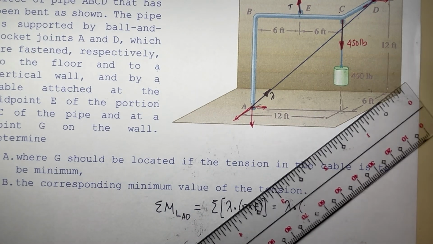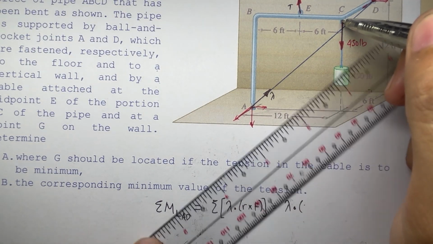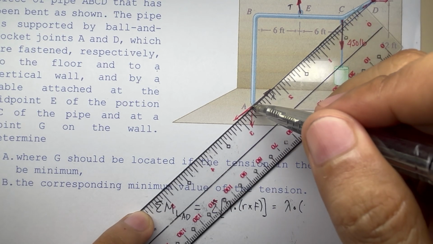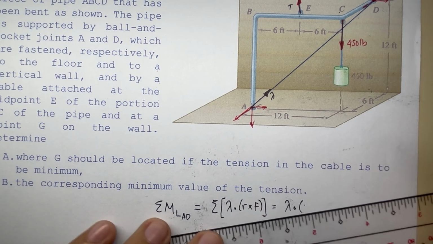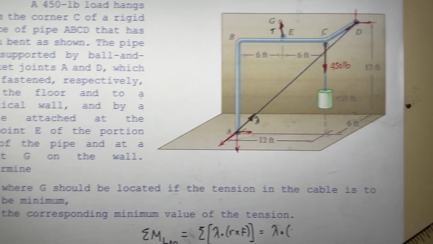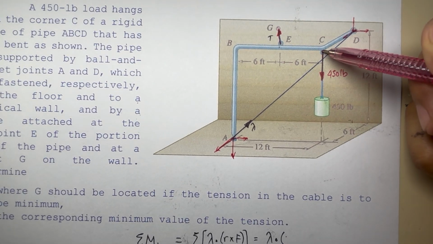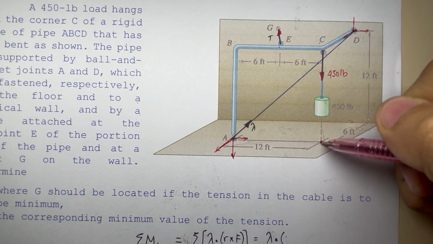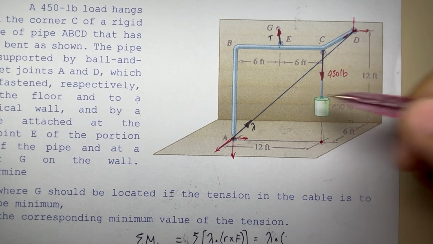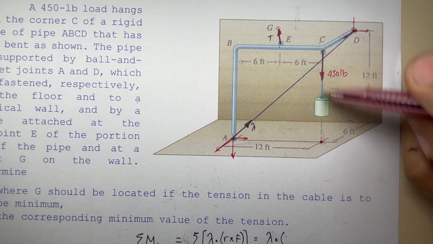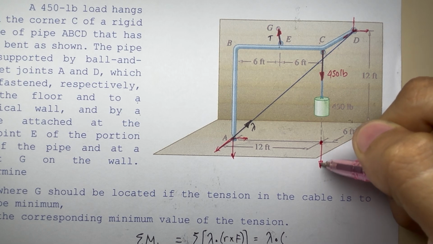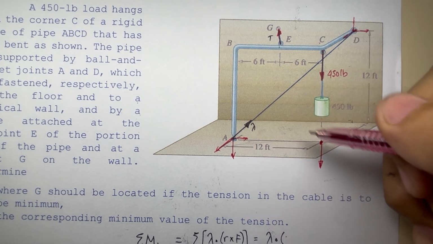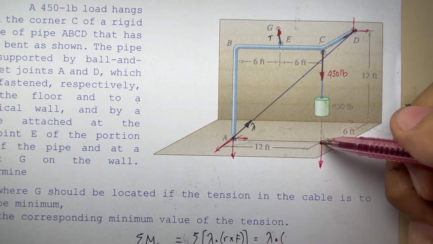For our weight, R is from point A to C. Or simply, by the principle of transmissibility, we can transfer this weight from point C to this point here. The static condition of our system will not be changed because the point where we transfer our weight is along its line of action. So the new R is from the point here going here.